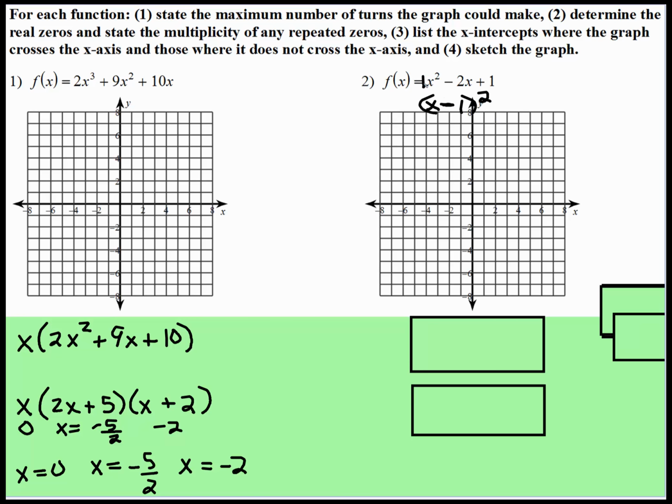And remember Pascal's triangle? If something's a binomial squared, it's 1, 2, 1. Look at that. 1, 2, 1. It becomes the square root of this, subtract the square root of this, squared. And I believe that's what I did here.